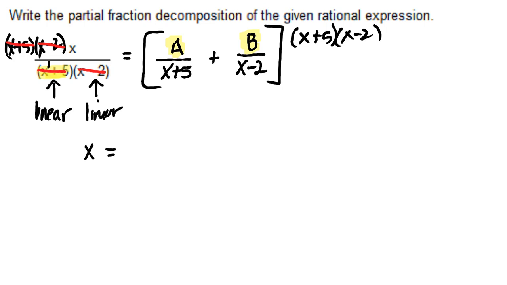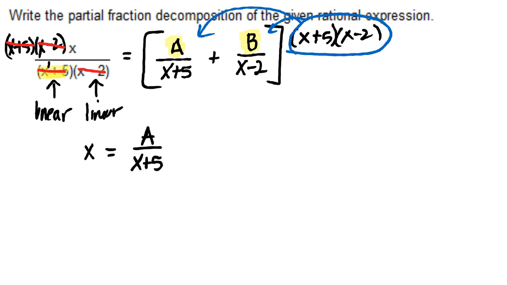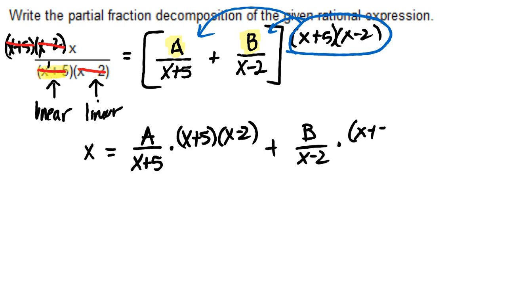On the right, we use the distributive property and multiply this common denominator by each term. So we have A over x plus 5 times x plus 5 times x minus 2, plus B over x minus 2 times x plus 5 times x minus 2.